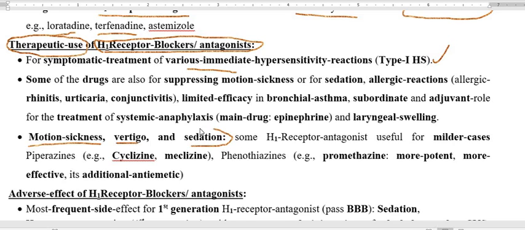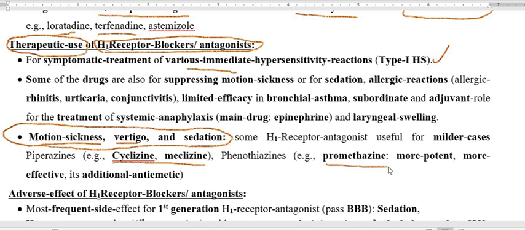So the vertigo, motion sickness and sedation are also going to be treated by H1 receptor blockers, or H1 receptor antagonists, that we already discussed: cyclizine and meclizine, and most important is promethazine, which has a more potent anti-emetic effect in emesis caused by motion sickness.